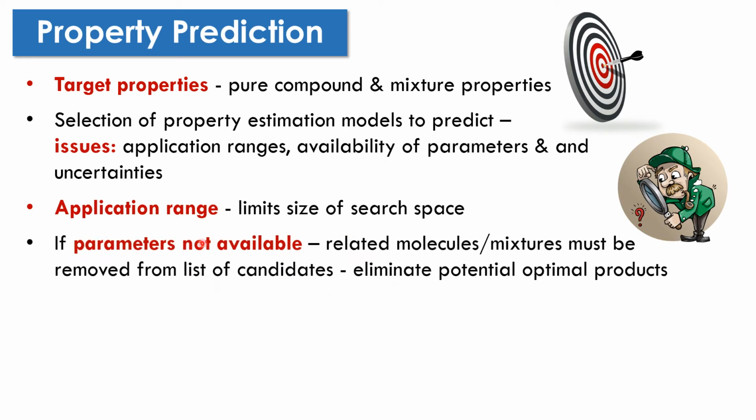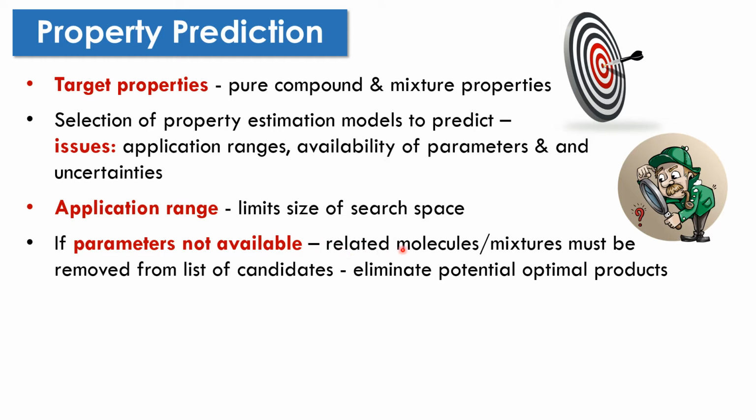If parameters are not available, for example for a certain compound that needs the group COO, I'm just giving an example, and the parameters for COO are not available, then we cannot use that model to predict that particular compound.